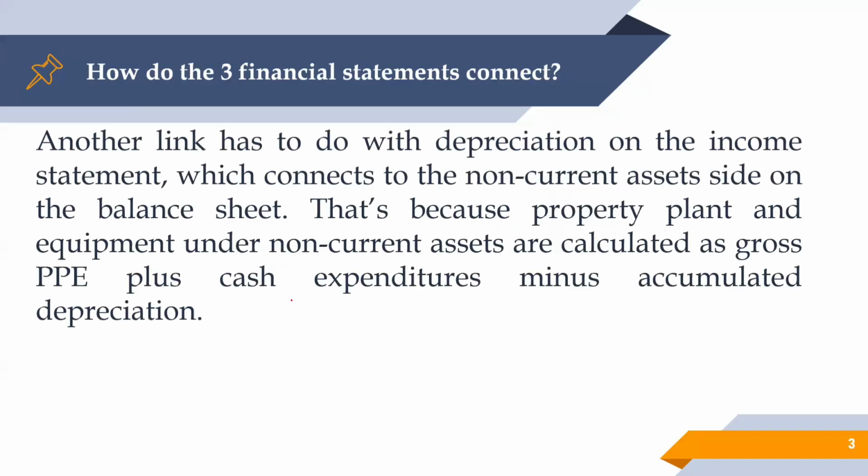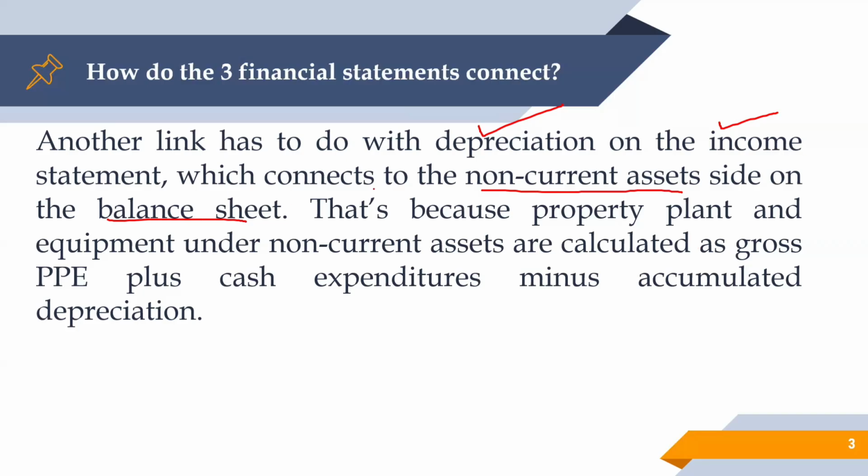Second, another link has to do with depreciation on the income statement, which connects to the non-current asset side on the balance sheet. That's because property, plant and equipment under non-current assets is calculated as gross PPE plus capital expenditures minus accumulated depreciation.